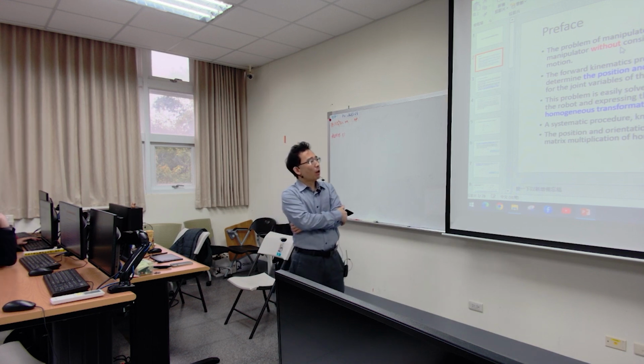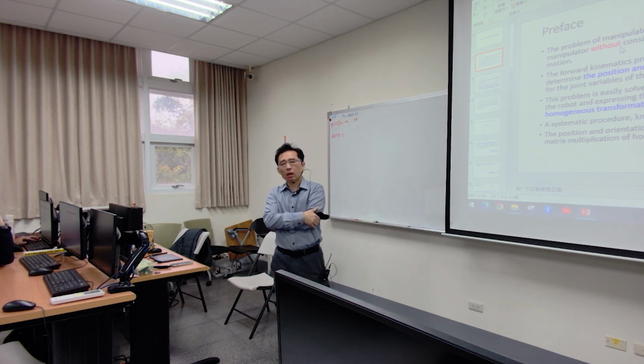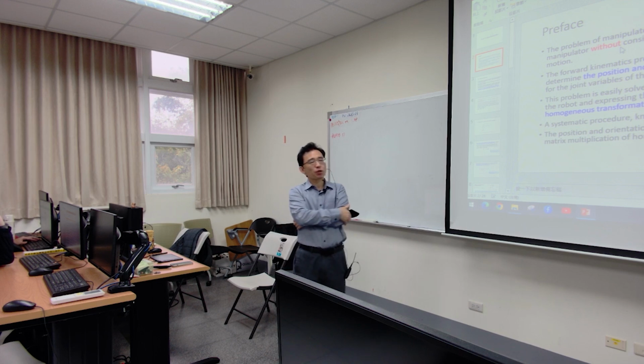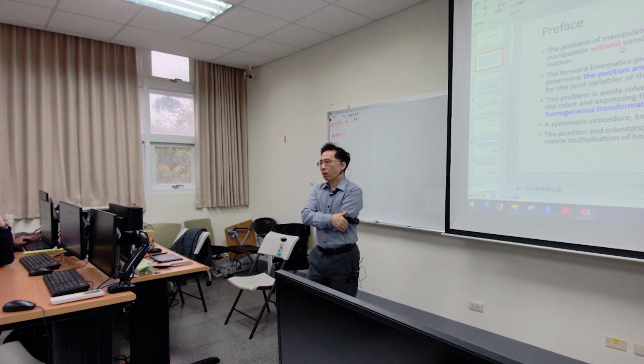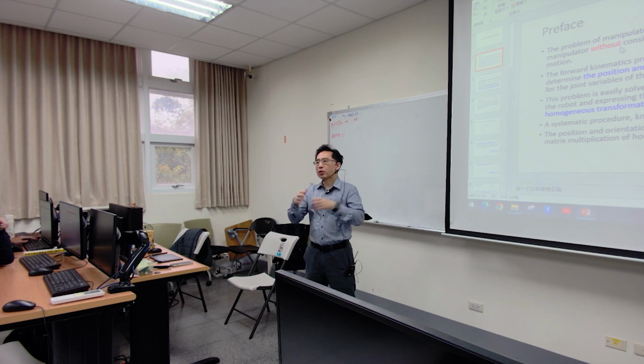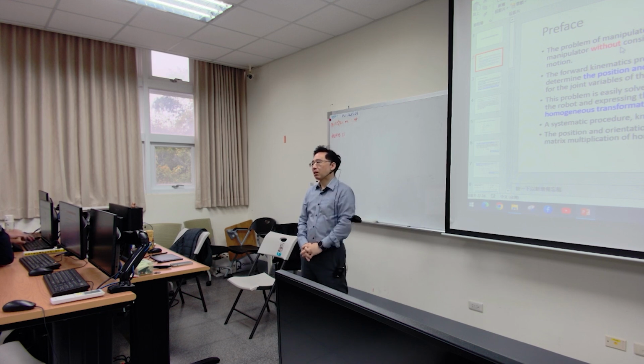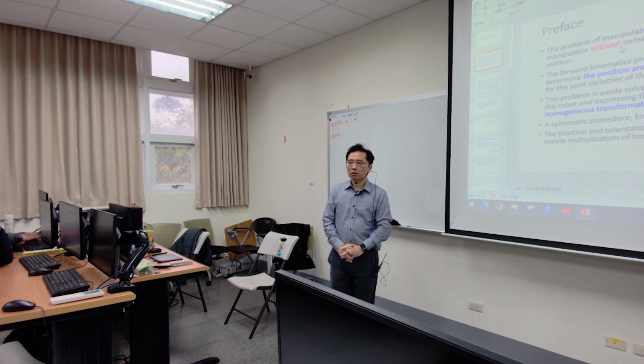As we mentioned last week, we introduced the homogeneous transformation. It means we can contain the rotation matrix and the position matrix together, and we will adopt that concept in this chapter.